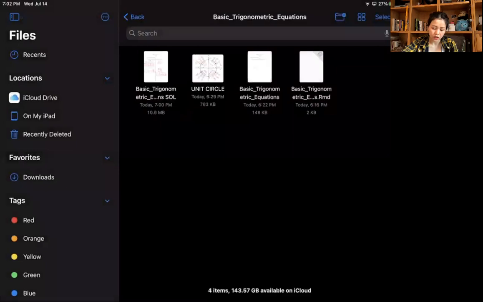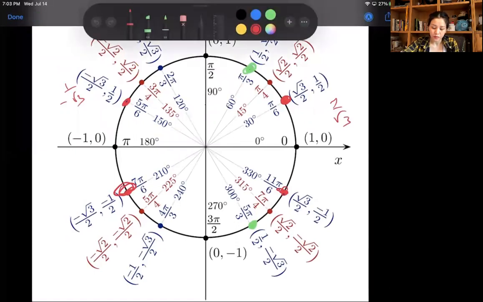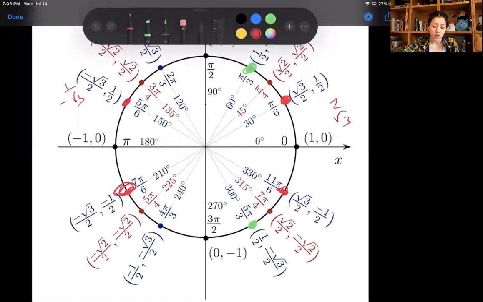If you look at the unit circle, remember tangent equals 1 over square root of 3, so it's a positive value. You want to look at the first quadrant and the third quadrant. I see pi over 6 and 7 pi over 6. I think we did this before.